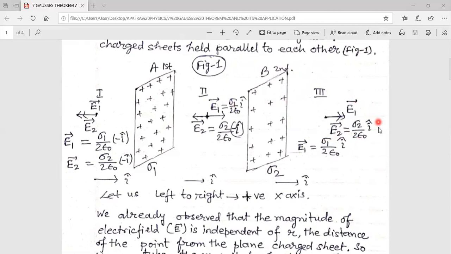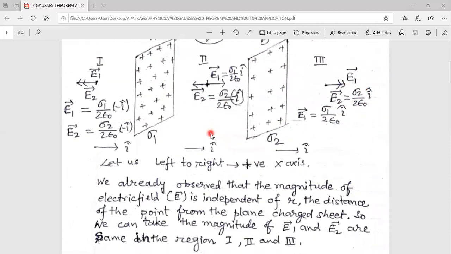The electric field due to sigma 2 is also from left to right, that is sigma 2 divided by 2 epsilon naught i cap.